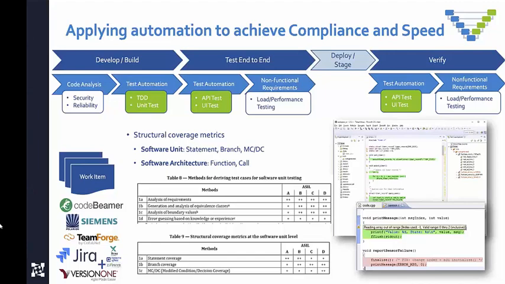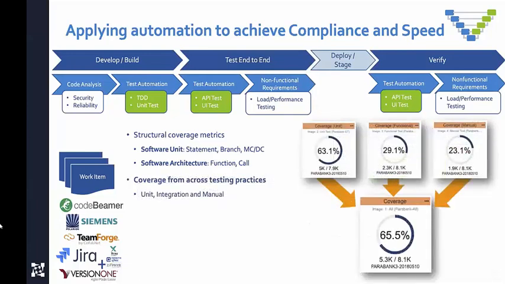So as you start moving up the right side of the V, you might switch to more software architecture coverage, such as functional coverage. The key thing is that you want to see this within the developer's IDE, but you also want to see that data not just for an individual run, but aggregated across multiple runs and multiple types of coverage.